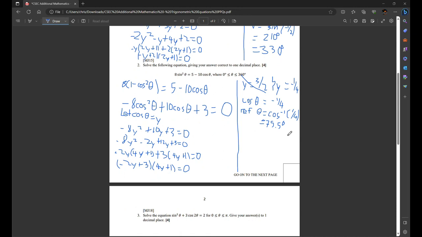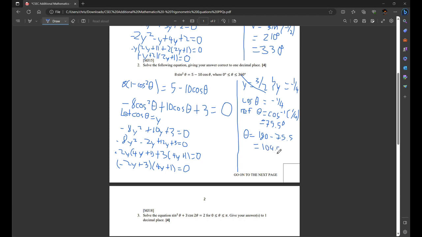So using 75.5 degrees as our reference angle, that means theta can either equal to 180 degrees minus 75.5. So we're going to write that 180 minus 75.5, which is equal to, let's just type it into the calculator, that's 104.5 degrees.